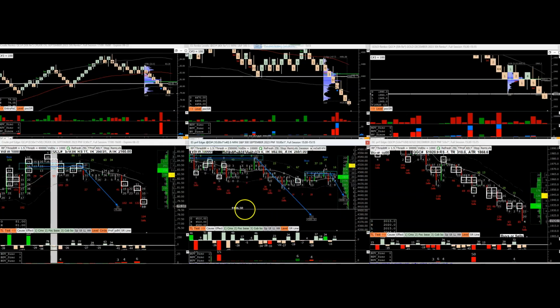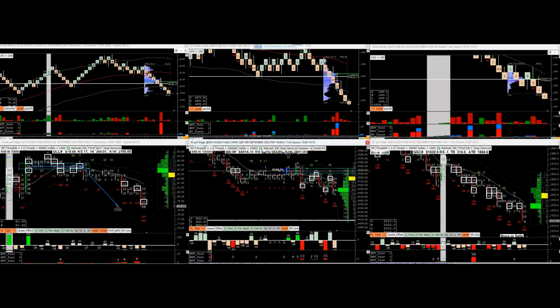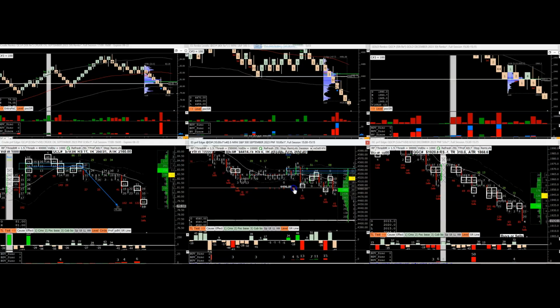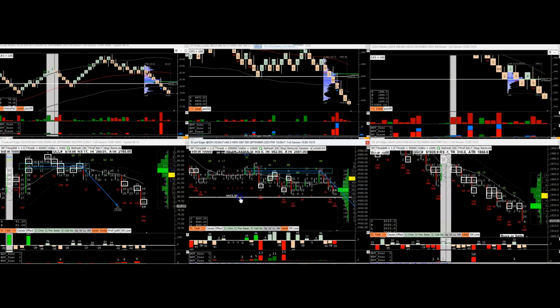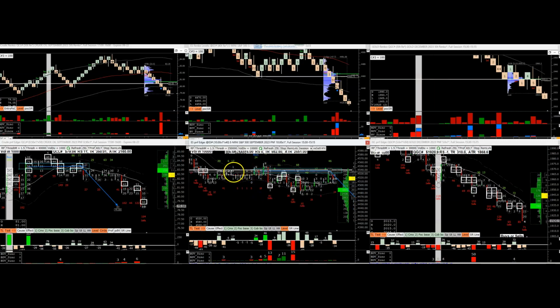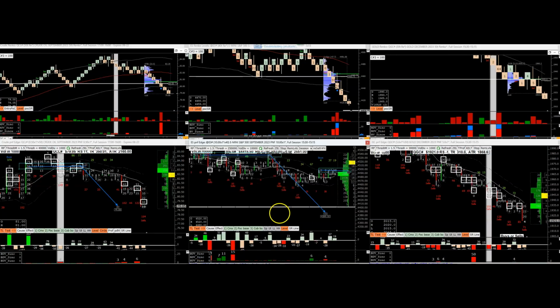If it breaks this area, we can start dragging it to the left all the way here. See? So it would be 15, 16, 17, 18, 19, 20, 21. And then I would drag it further, 22, 23, 24. So 15 to 21 to 24.